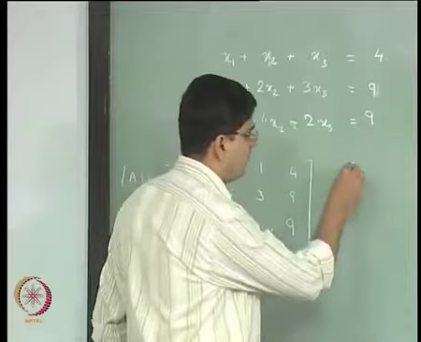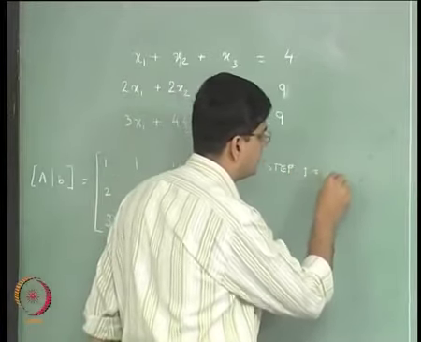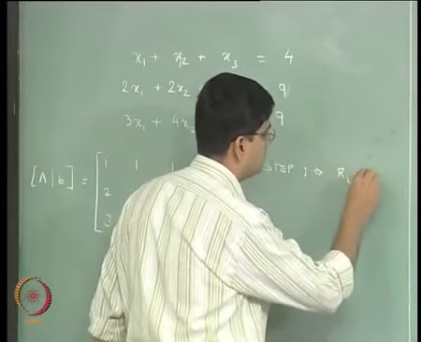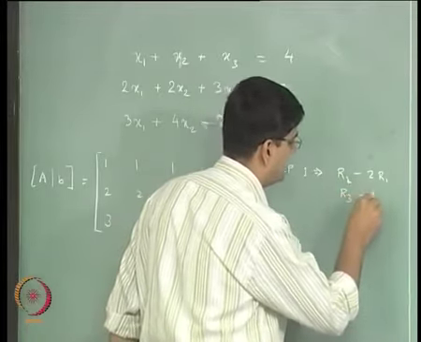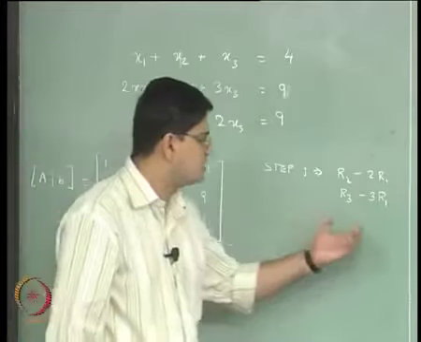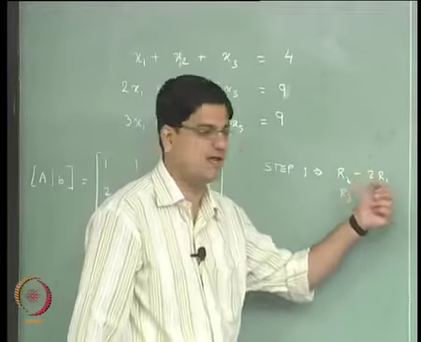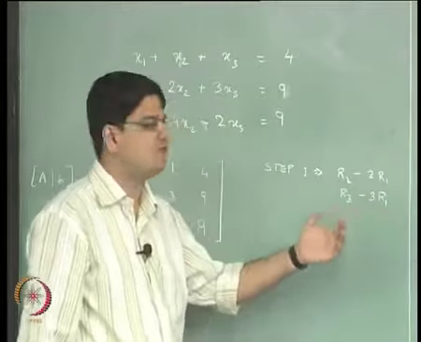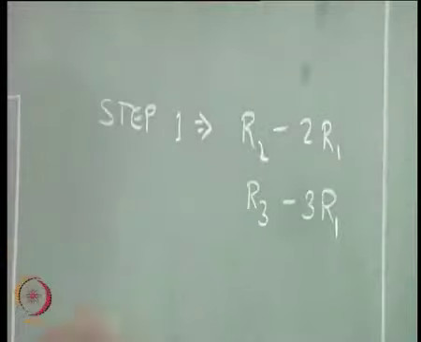So step 1 is going to be R2 minus 2R1 and R3 minus 3R1. Remember, so far we have been writing R2 plus negative 2R1, because we needed the alpha values in that form. Right now we are not worried about that, so I am just writing it as R2 minus 2R1.